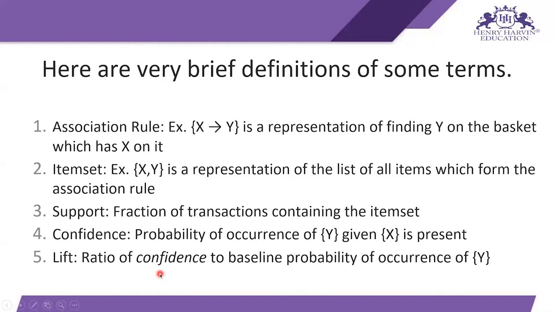Lift is equal to the ratio of confidence to the baseline probability of occurrence of Y. Basically, lift tries to figure out whether there is a relationship between the two items or not, whether the two items are unrelated, or whether there is a strong relationship between them.